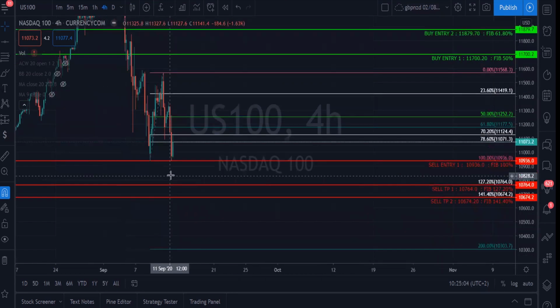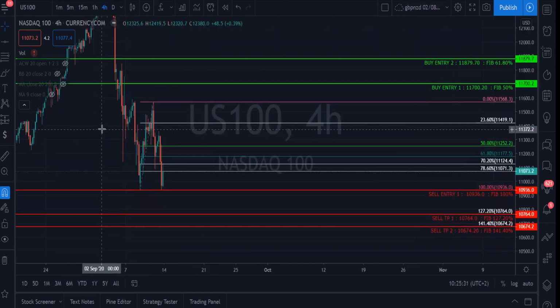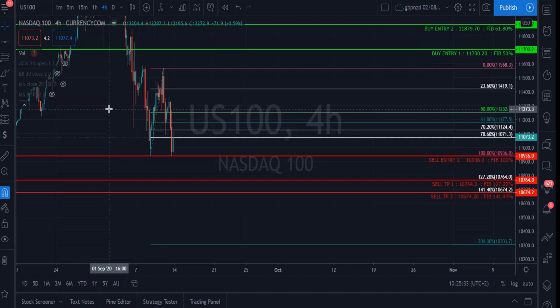But my group that I belong to, they will tell you that I generally do not love to take sell on NAS. Neither do I love to take sell on US 30 or S&P 500. I would go for buys on NAS, because that's my favorite direction, to go northerly, which is buys. I even put bigger lot sizes when it comes to buys. On sells, I generally do not fancy sells, and if I'm tempted to take a sell, I'll put the lowest lot size on sell.